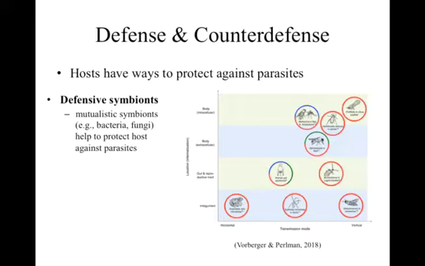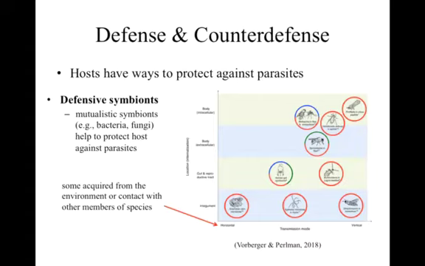They can also do it by stimulating the host's immune system and causing it to be activated and primed, not enough to kick out the mutualistic symbiont, but enough to kick out the parasite.